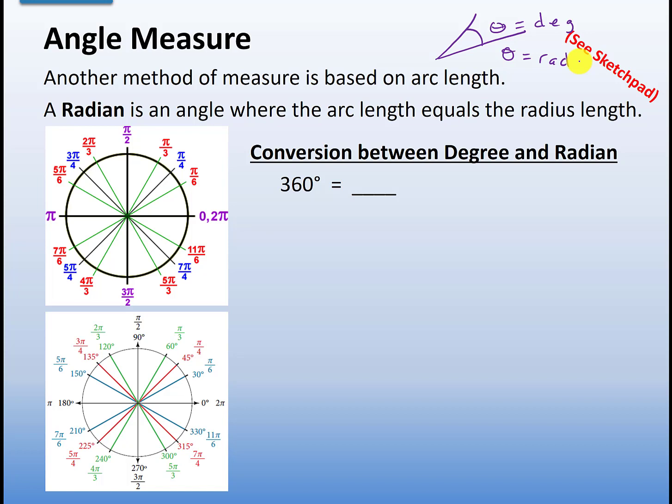Now, if we take a circle and we take this side and we rotate it all the way around 360 degrees, that is like twisting the angle of that initial side back upon itself. So we've rotated the angle 360.